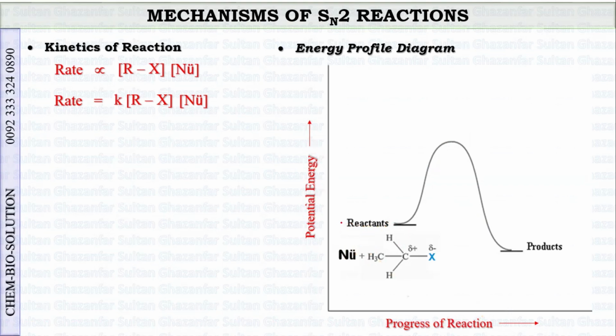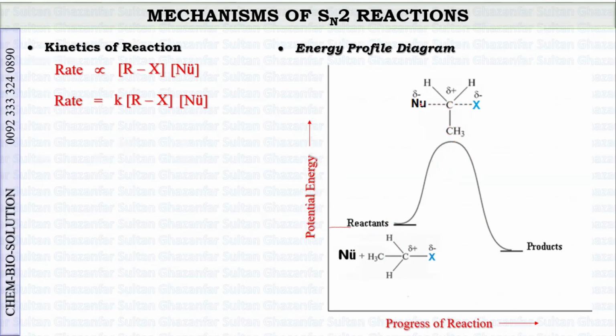The potential energy of the reactants is shown here. Now see, this is the transition state. This bond is being broken while this bond is being formed. So the energy increases for this transition state.